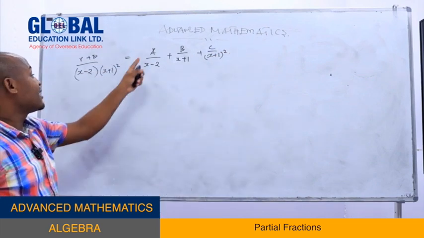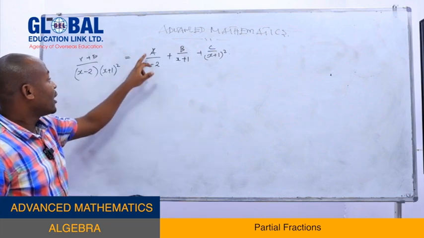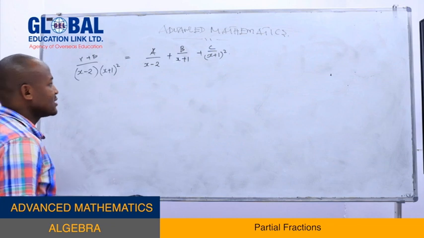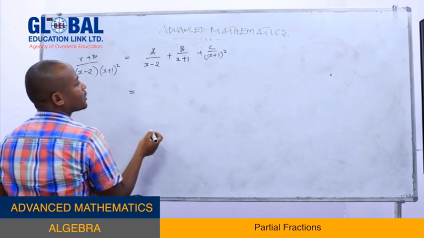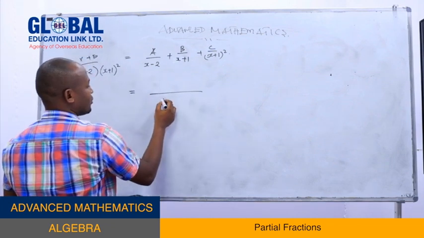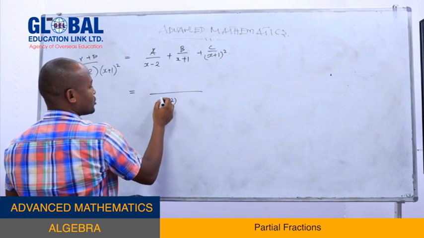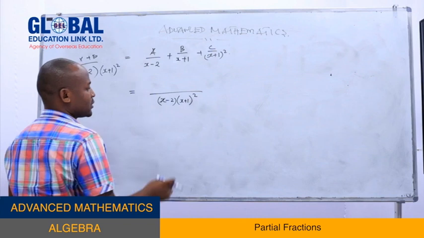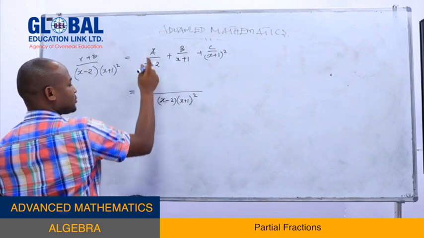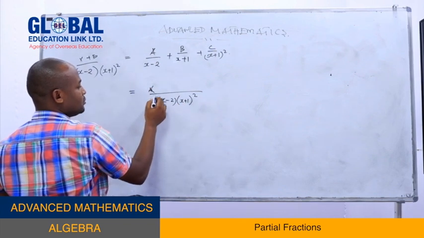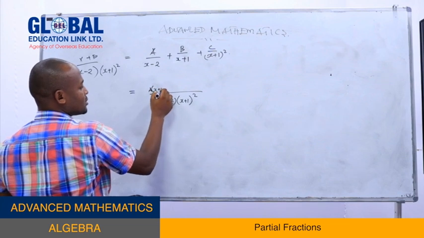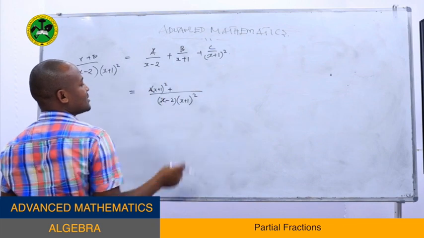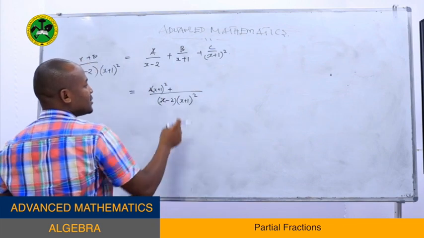So let's find the values of A, B, and C. Now let's go. Then down there we have x minus 2, and this and that means it will be A(x + 1) squared, plus this and that means one is going to cancel.